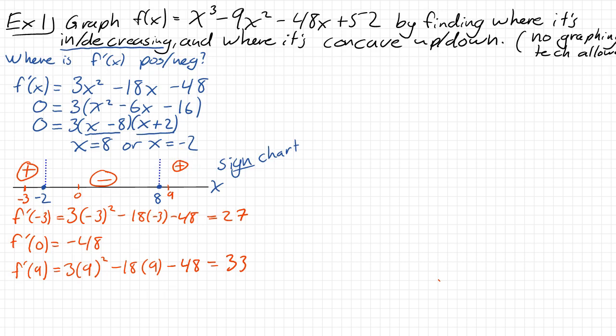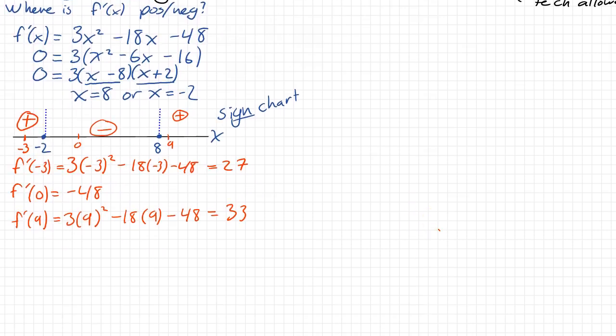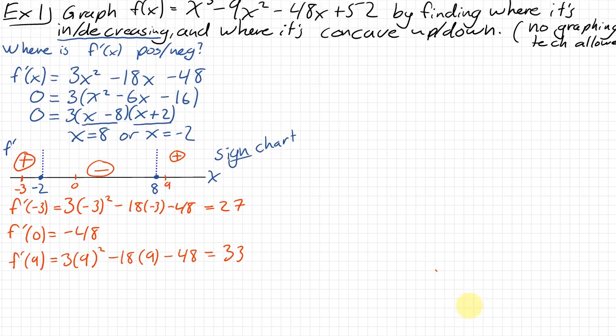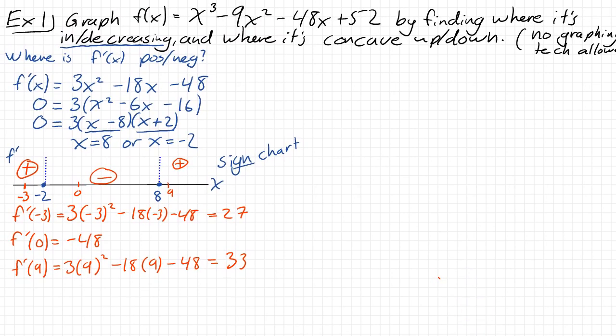Okay, so that means if we were going to make a rough sketch of f prime of x here, it's going to look something like that. That's a really ugly parabola that I'm drawing there on the x-axis. That's what this sign chart tells us. So anyways, this is a sign chart for f prime. So we could use that to draw a graph of it now by seeing where it's increasing and decreasing at least.